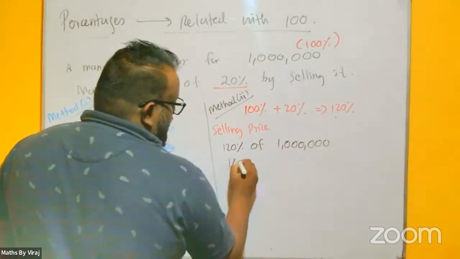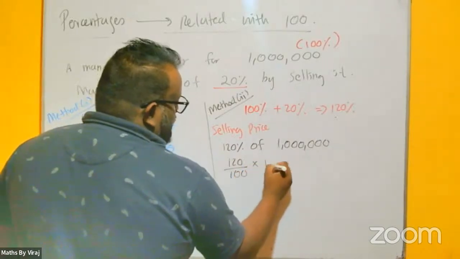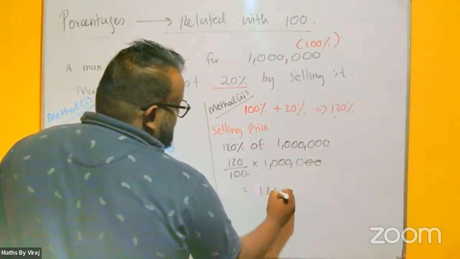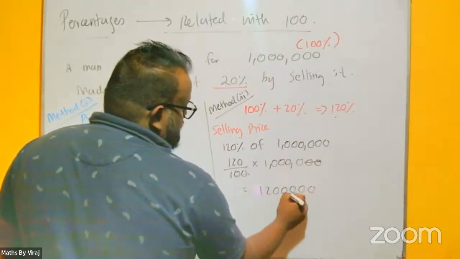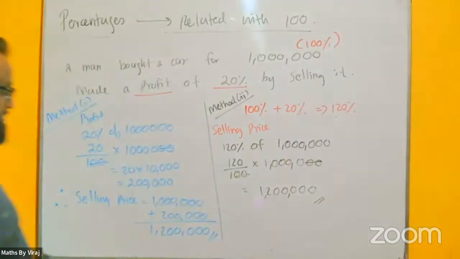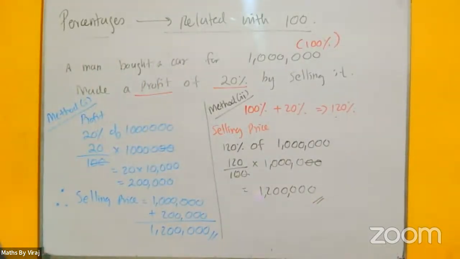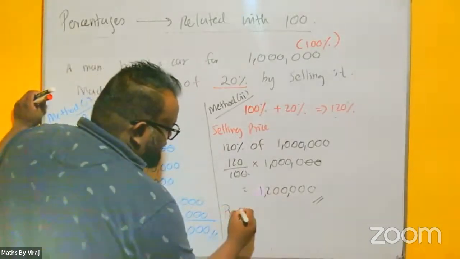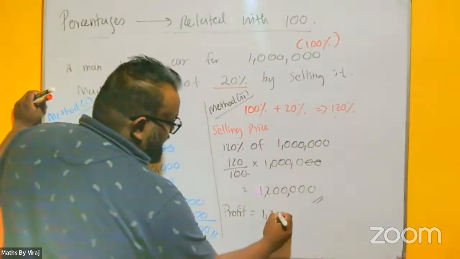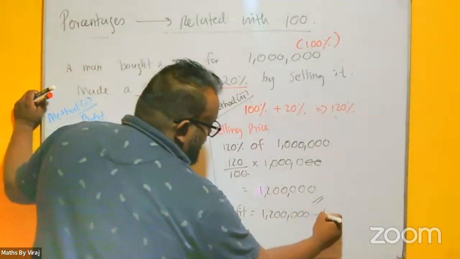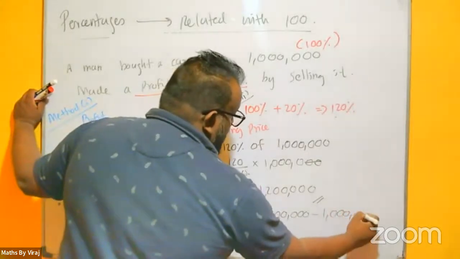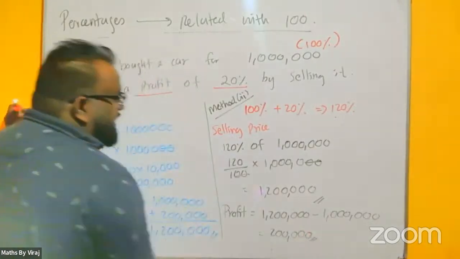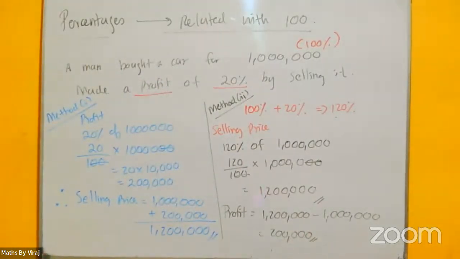That would be 120 over 100 into 1 million, which gives us this amount. Now we see that the selling price is already calculated. So what is going to be our profit? Our profit is going to be this minus 1 million, which is 200,000.